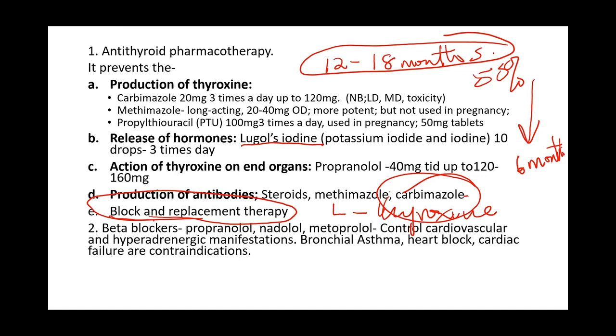The other category of drugs used in medical therapy are the beta blockers, and their aim is to prevent the beta adrenergic symptoms. They control the cardiovascular and hyperadrenergic manifestations. Propranolol is given 40 milligrams 12 hourly.